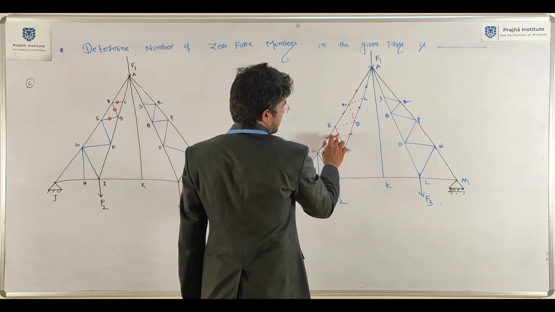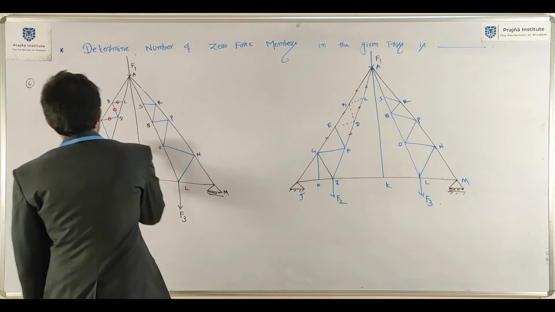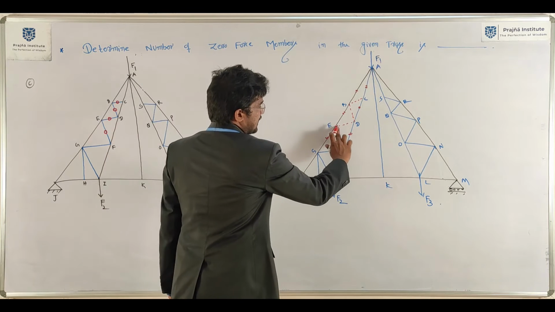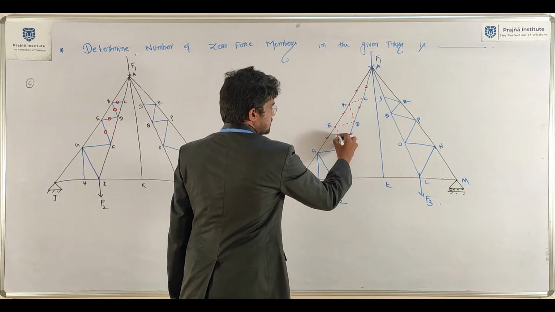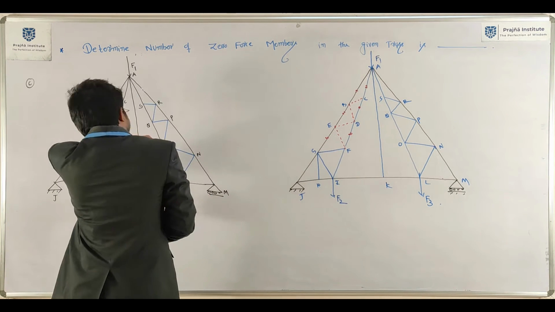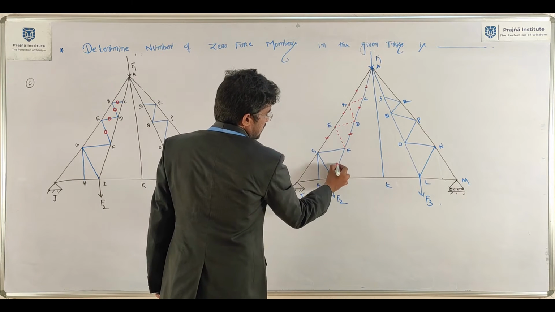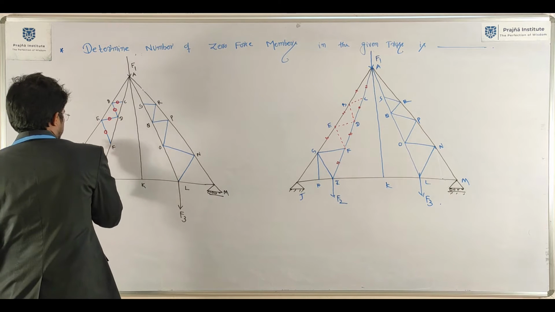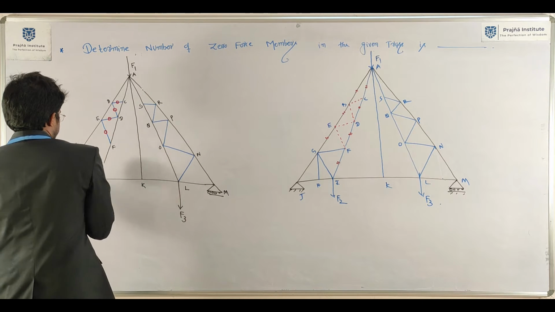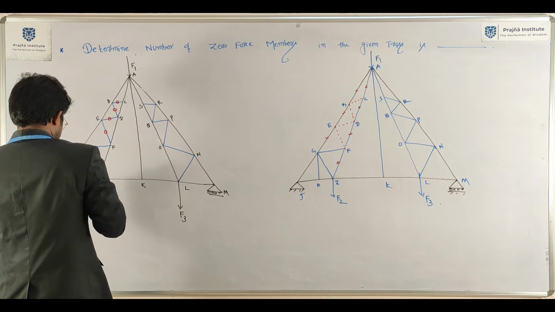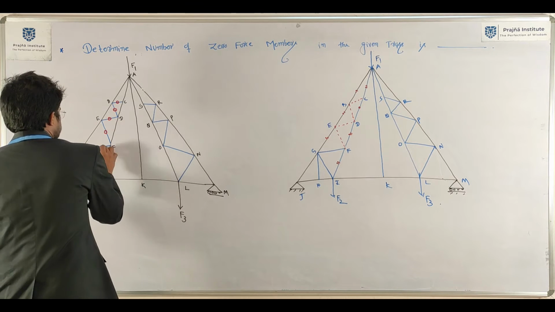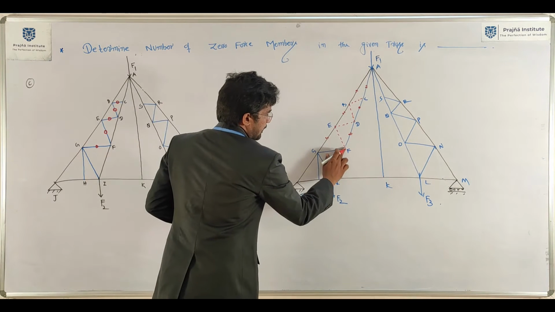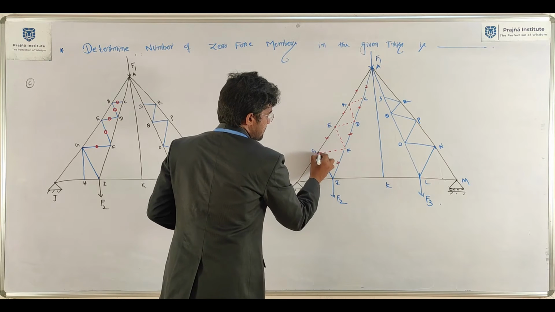These two are collinear. Then the force in this member equals 0. Similarly, the force in this member equals 0. Okay, and these two are collinear. Force in FG equals 0.